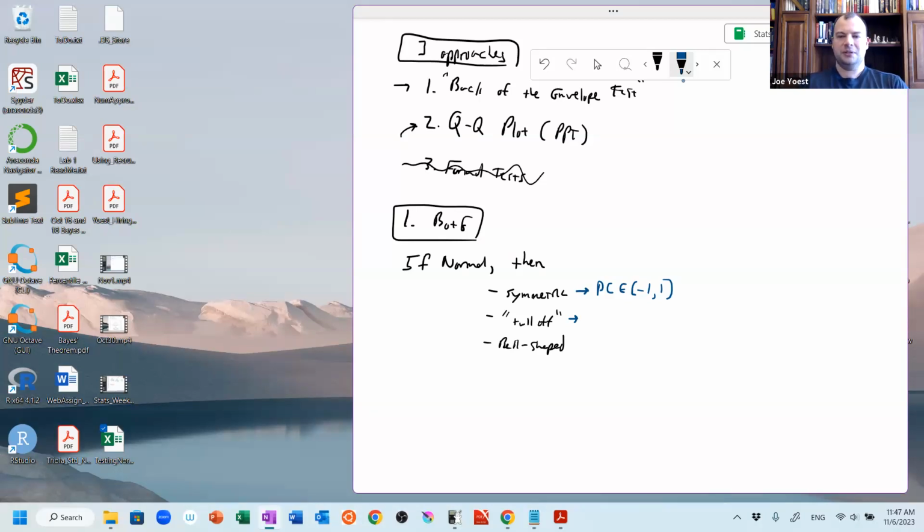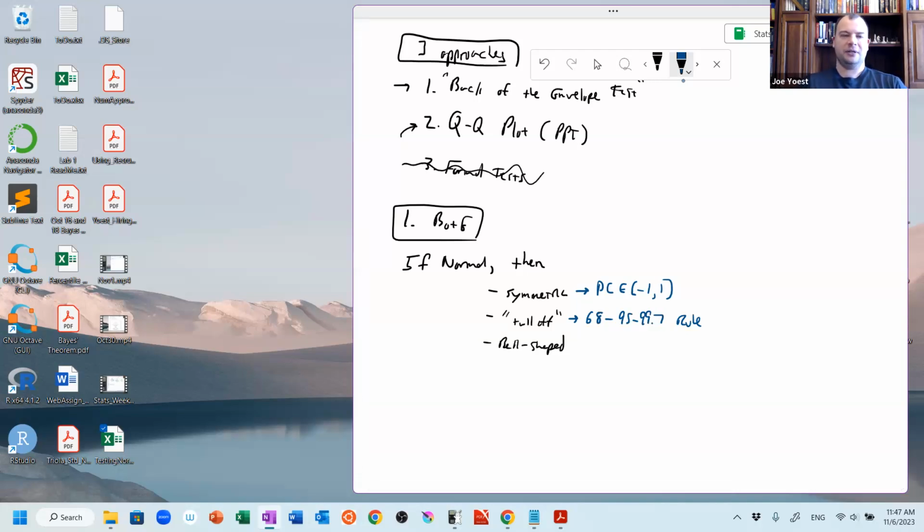So in other words, what percentage of my data points fall within 1 standard deviation, 2 or 3 standard deviations? I expect it to follow the 68, 95, 99.7 rule. I expect rough concordance with that rule.